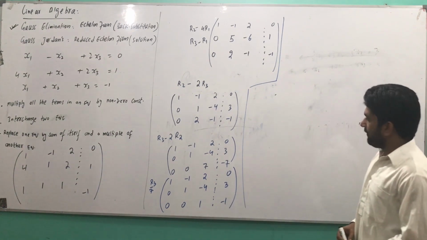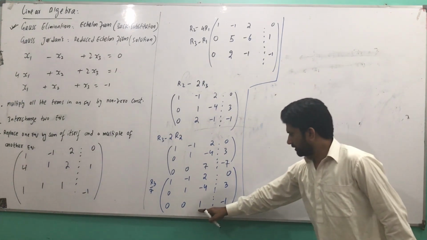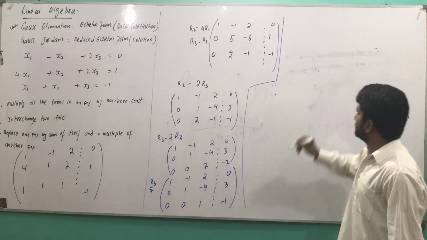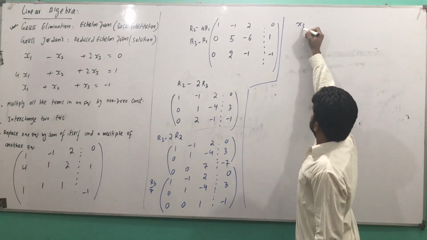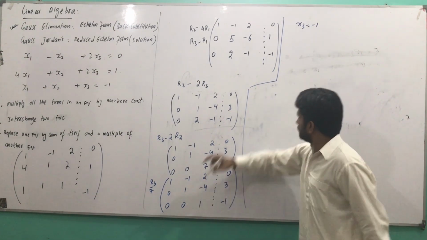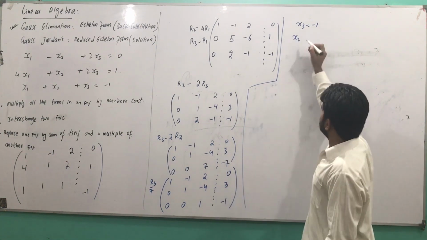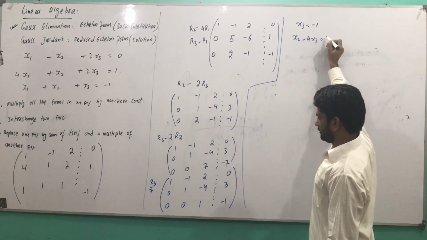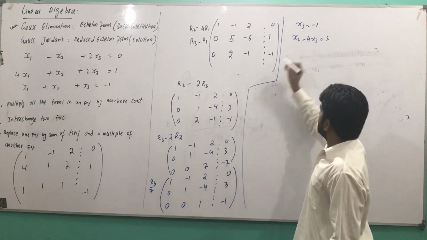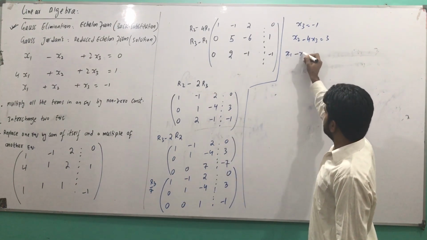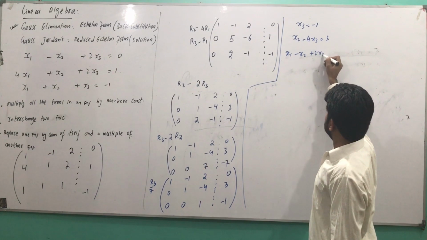So now we have to do backward substitution. Look at this. This is x3. x3 is minus 1. And this is x2. x2 plus, this is minus 4x3 equals 3. And here we have x1 minus x2 plus 2x3 equals 0.